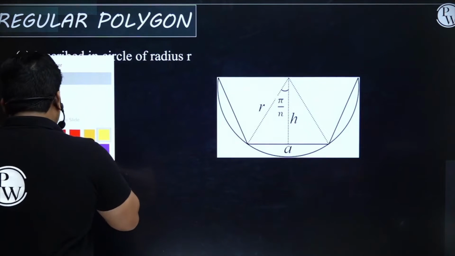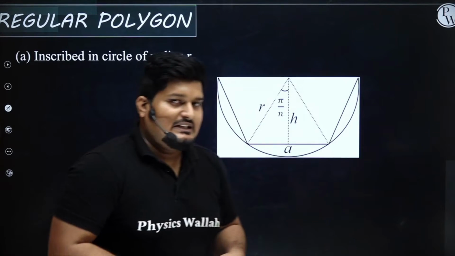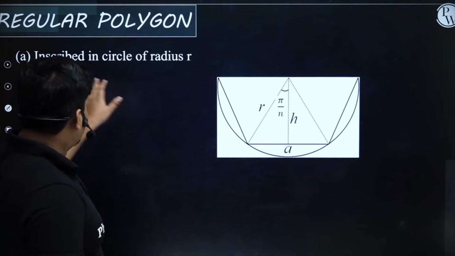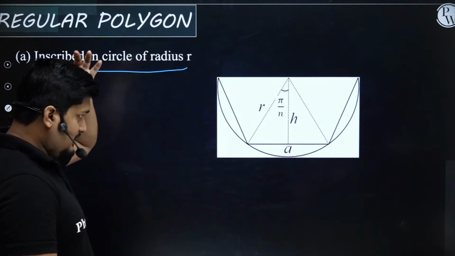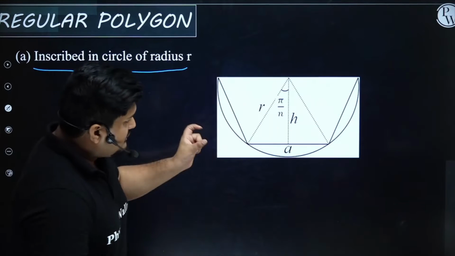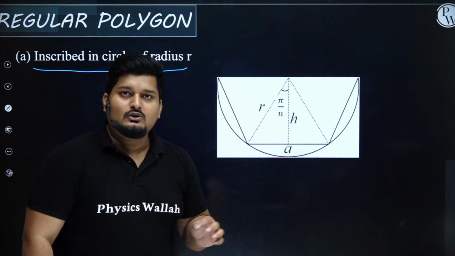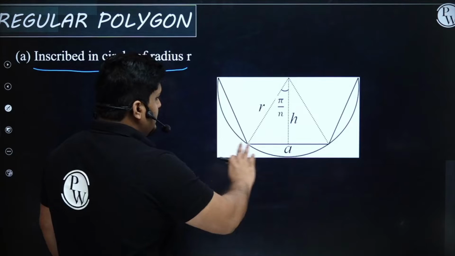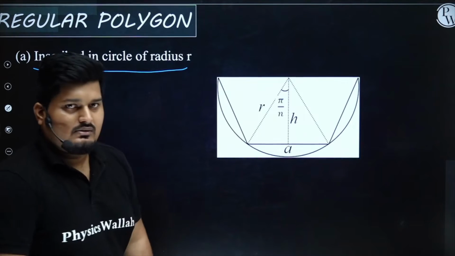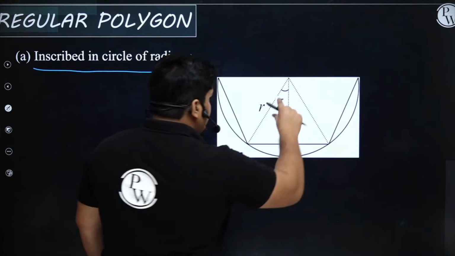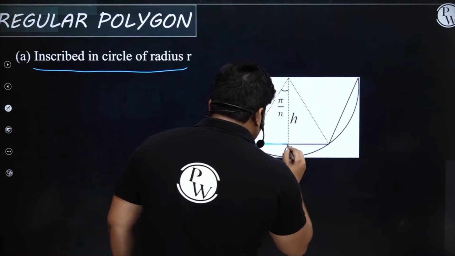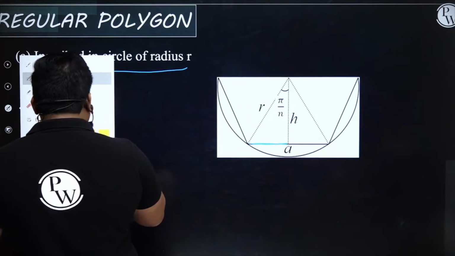Now, there have been questions where they have asked about inscribed and ascribed polygons. Suppose here we have taken the case of a regular polygon inscribed in a circle of radius R. We need to find out a in terms of R. See, this is length a by 2, because the altitude will bisect.